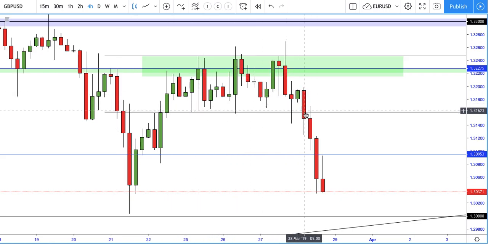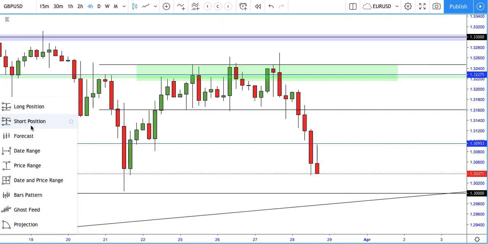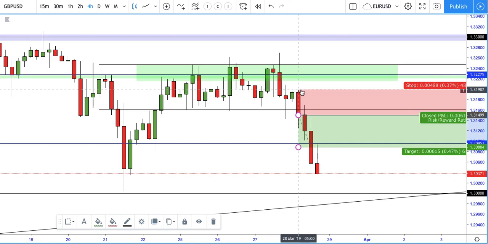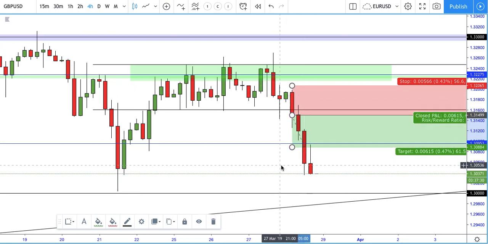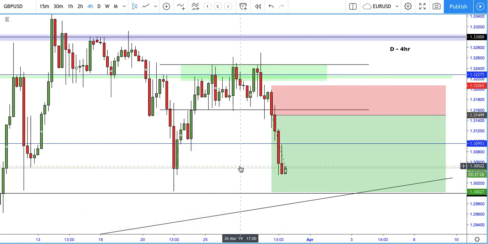Can you see how this body ended up closing within a region that no candlestick body was able to close before? And then bang, that would have been a fantastic entry using a higher time frame swing potential, and we can see how we could have taken a trade position from in here earlier on today. Our stop losses will have to come above the high of the wick, and then we can look to target price points in which we think the price can end up falling to.